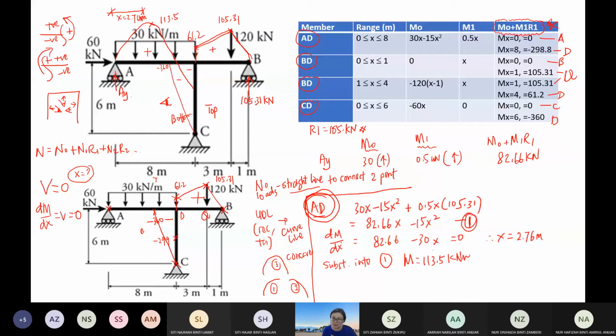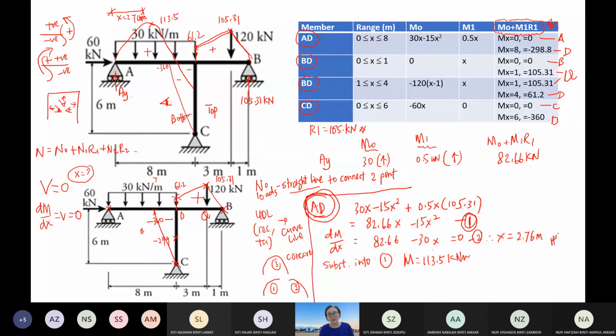Then I differentiate it. 82.66x will become 82.66, and negative 15x squared will become 2 multiplied by negative 15, negative 30x, equal to 0. So from this equation, let's say equation 2, we get x equal to this value.